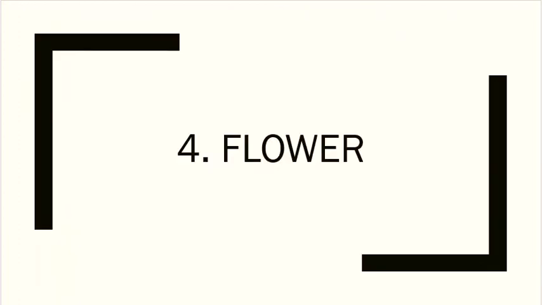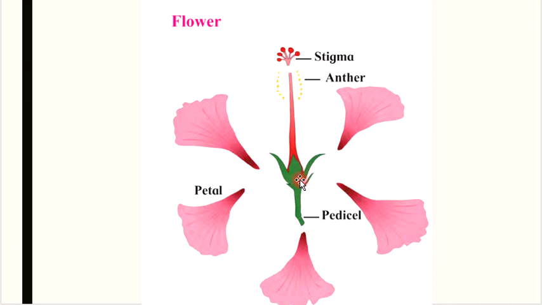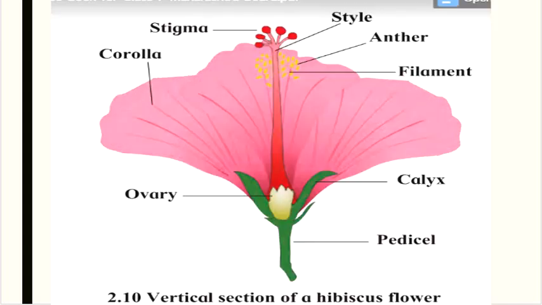Here comes the last part of the plant, and that is the flower. Here is a view of a hibiscus flower opened. The vertical section of a hibiscus flower will appear like this, where we have the pedicel, which is the stalk of the flower.